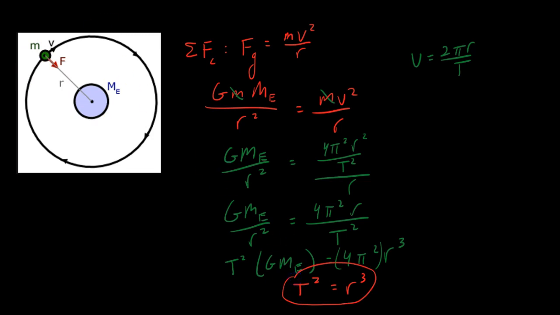Or I shouldn't say these are equal to, I should say they are proportional to, they are related to. This is actually known as Kepler's third law. Johannes Kepler figured this out from experimental data back in the late 1500s. And Isaac Newton's laws actually prove that this is true.